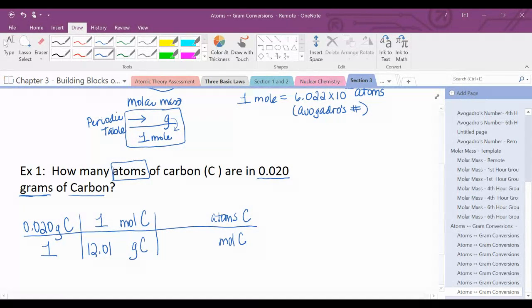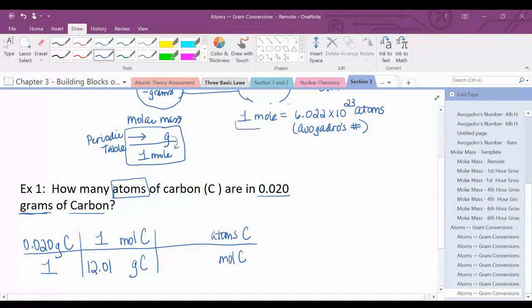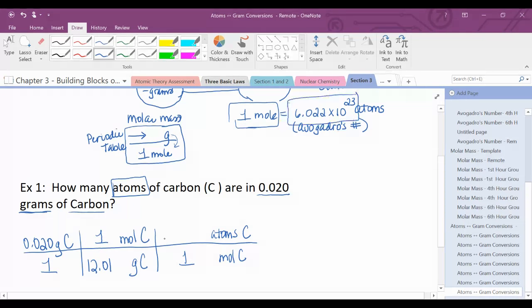Then we use our other conversion factor. The number in front of moles is a 1, and the number in front of atoms is Avogadro's number, 6.022 times 10 to the 23rd.